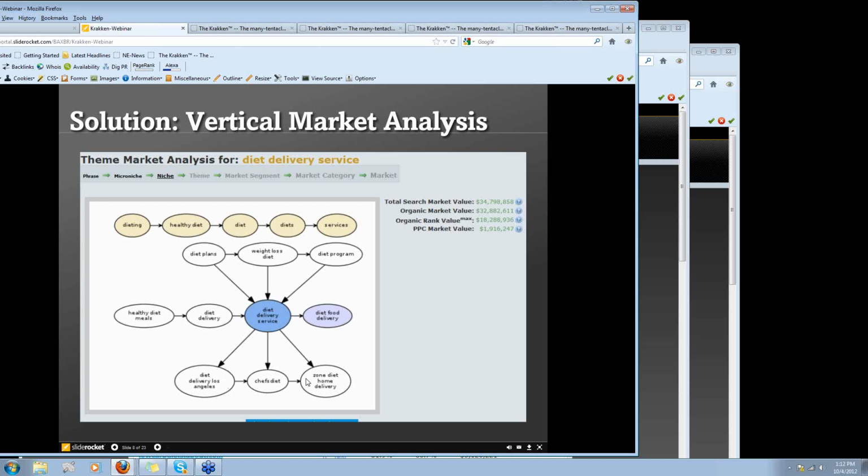The last thing I should talk about probably are these down here, because these are the major market segments of this particular theme. Now I know we've got market segment as an actual category up there, and I don't want to confuse you, but they're actually segments of this concept. And they're segments because they're highly related and they're small enough that they're all going to fit into or make up the idea of diet delivery service.